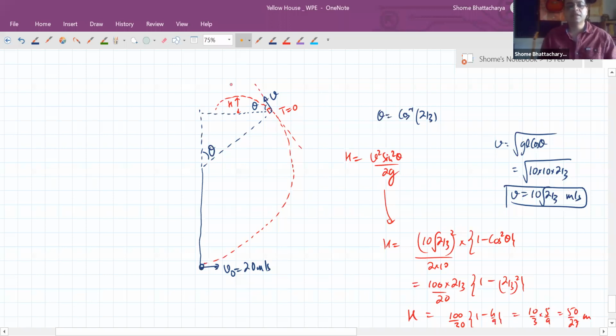So hence from the starting point, as the particle falls, what is the maximum height it achieves? This is going to be that maximum height.